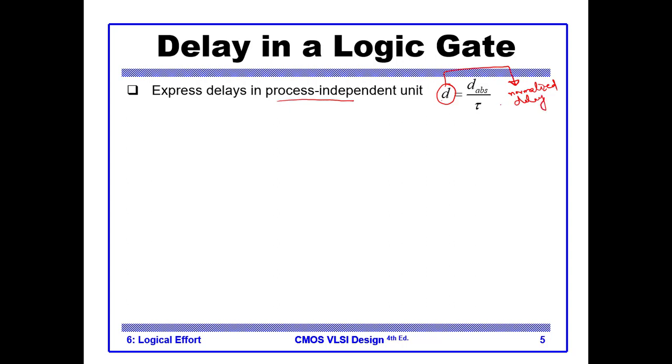So we want to define normalized delay as D absolute divided by tau. D absolute is the delay that you measure in absolute units of time.